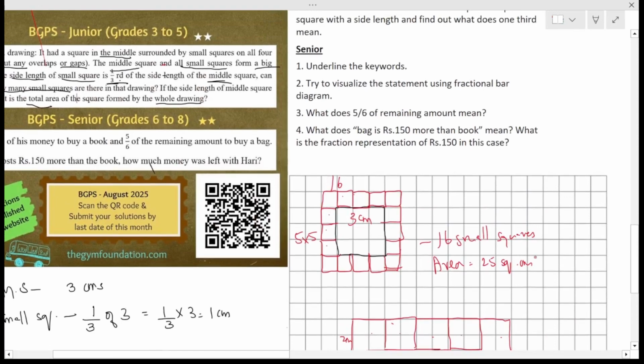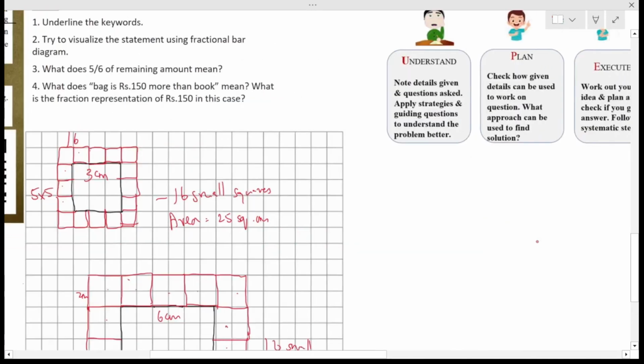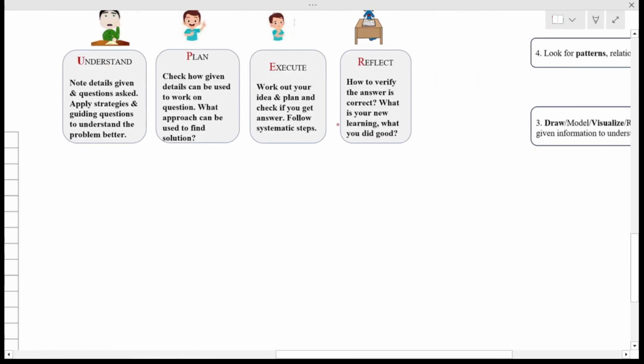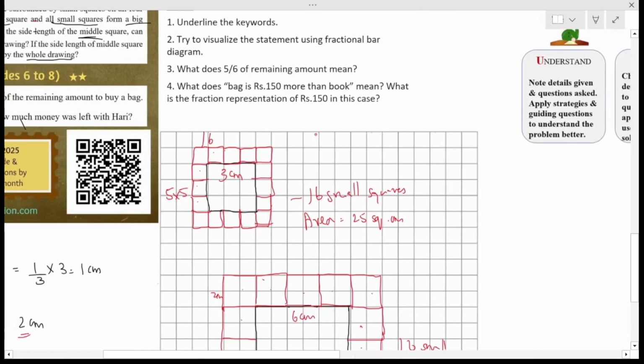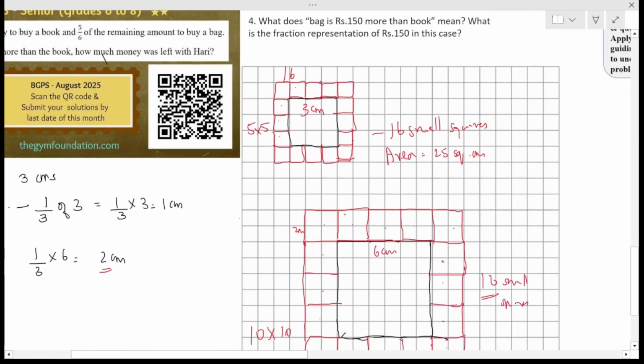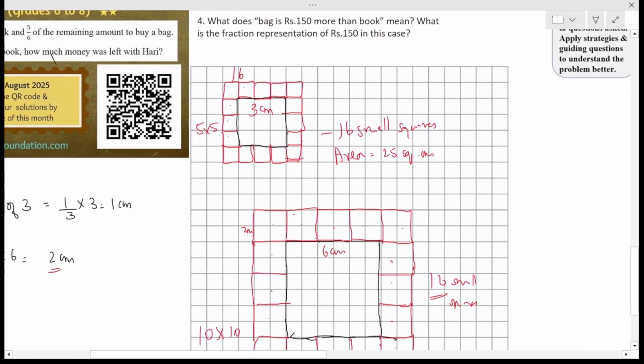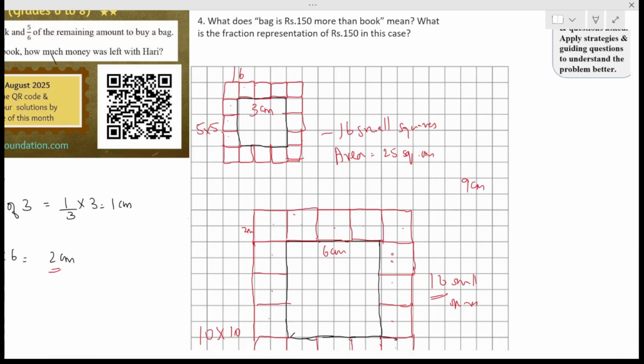So we executed with the values, and as part of the reflection, where you are actually learning something different as well, you can see that when the small square and big square follow a certain specific fraction, the small squares formed outside will be the same in number. For example, instead of 6 centimeters, you can draw a 9 centimeter middle square and see how many outer squares it will form.